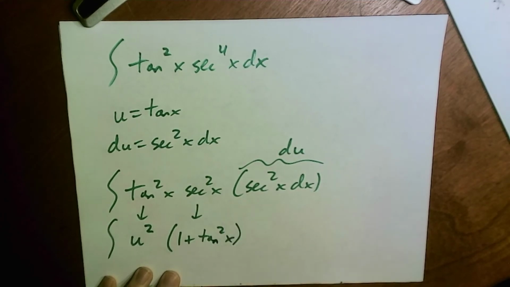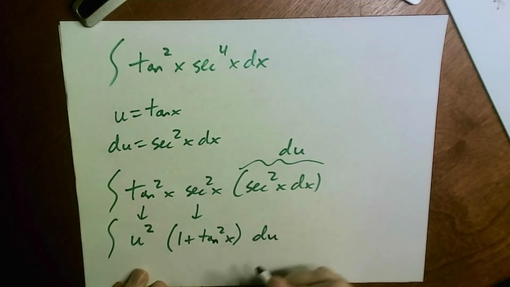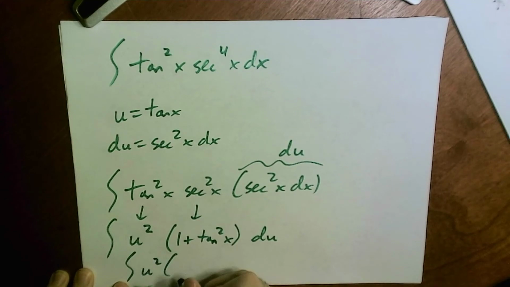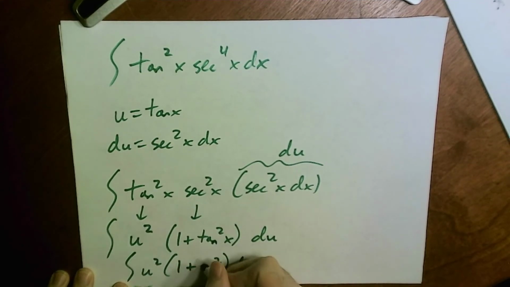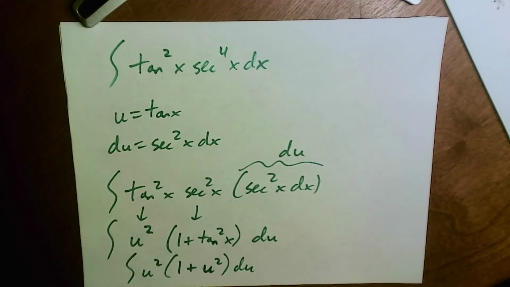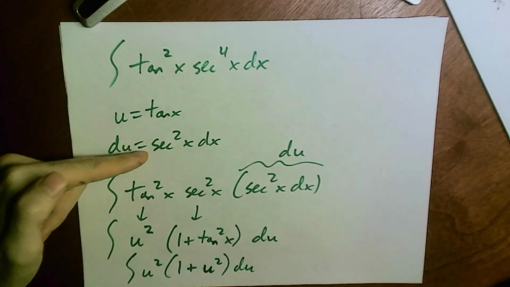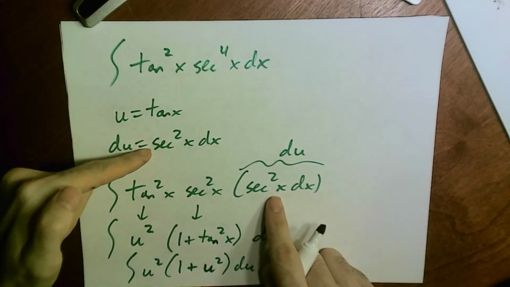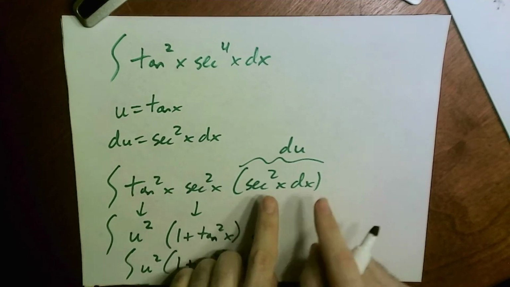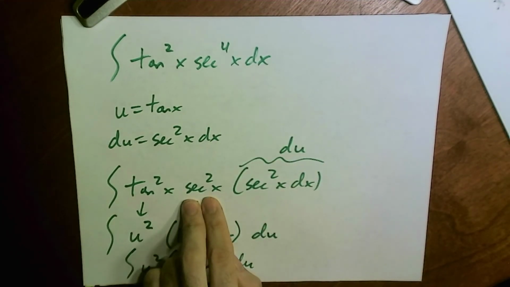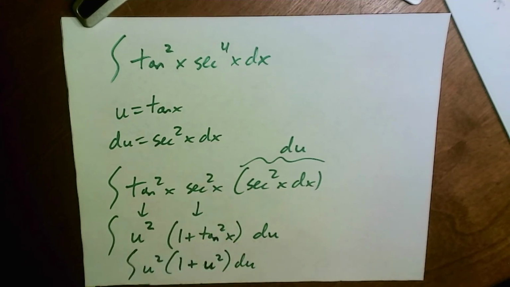So we get u squared times 1 plus u squared du, right? That was okay. So we have even powers, but it worked nicely because I wanted 2 secants to get used, and after I use 2 secants, I still want an even number remaining.